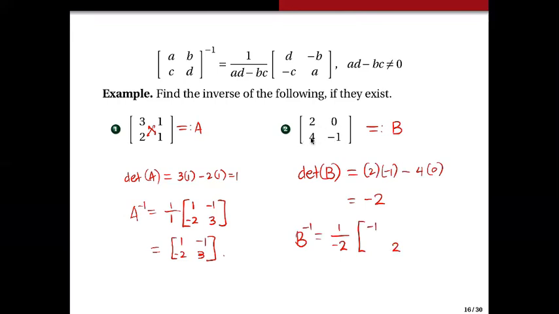And then negate. Of course, negative 0 is still 0, but here we have negative 4. So if we multiply that scalar, we have 1 half, 0, 4 over 2 that's 2, and 2 over negative 2 that's negative 1. So this is the inverse of B. Questions?